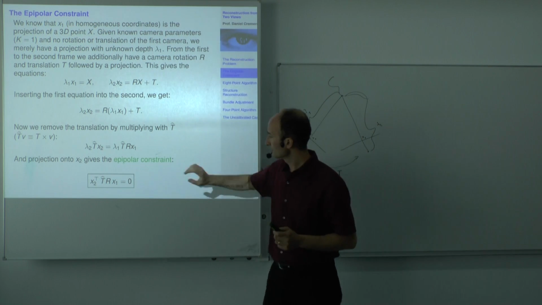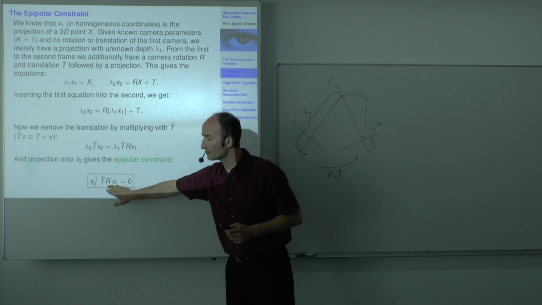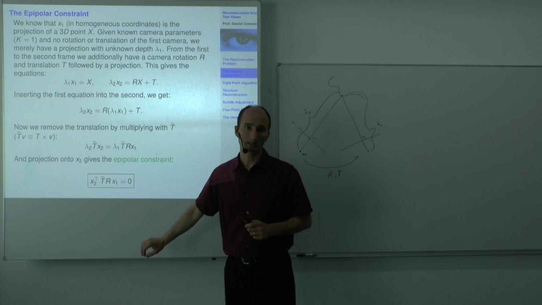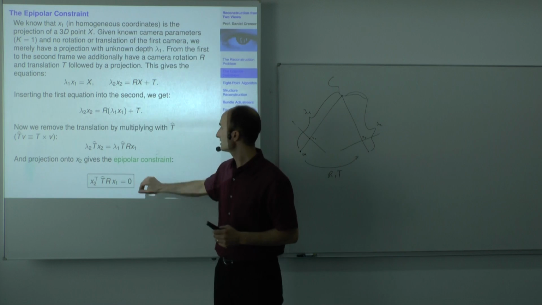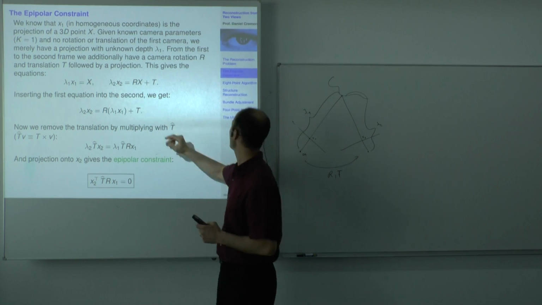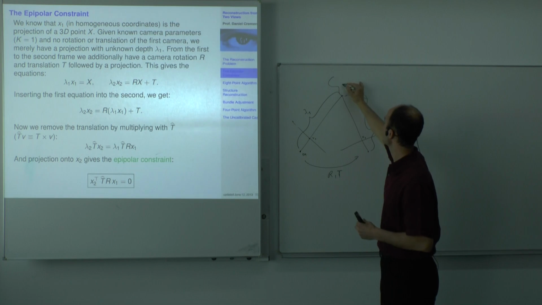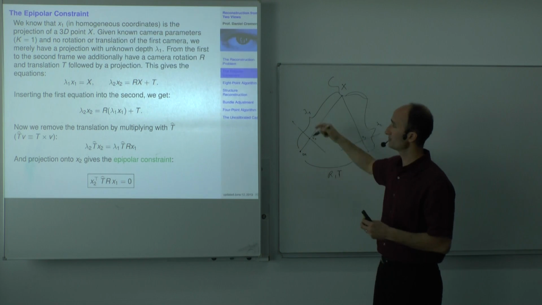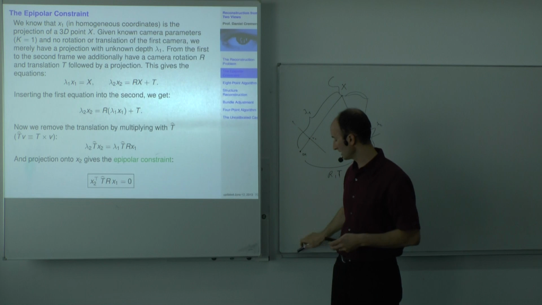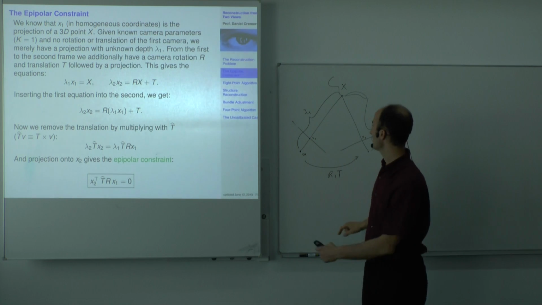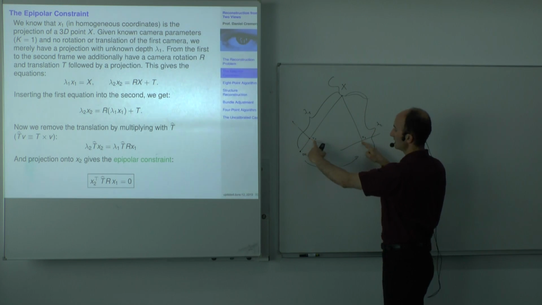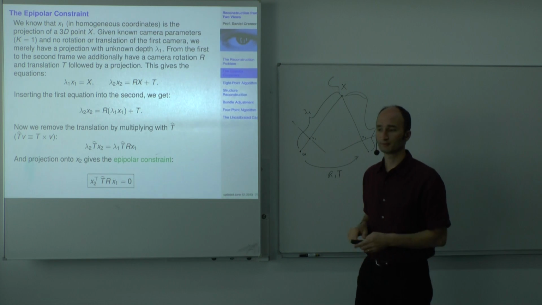And mind you, this is important, there is no 3D information in that equation. The large X, that is the 3D coordinate of that point, is no longer there. And also the lambda parameters representing the depths are no longer in this equation. So it's an equation that directly couples the 2D coordinates and the camera motion.